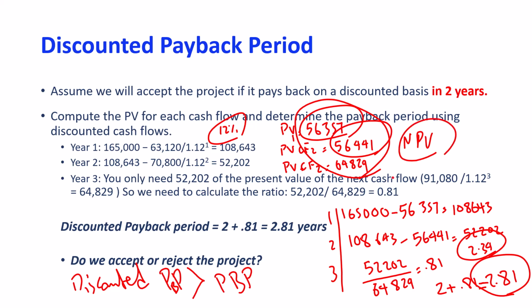To me, it doesn't add much value when you do the discounted payback period, because it's not as simple as payback period anymore, and you might as well calculate the more sophisticated and more theoretically sound measure of NPV rather than just payback period. So if you want to use a quick and easy method, just use payback period. Discounted payback period to me doesn't add much value, because you go through all this trouble, you might as well find the NPV.